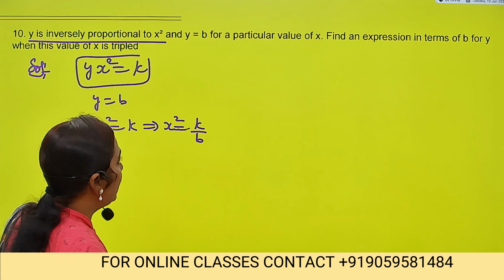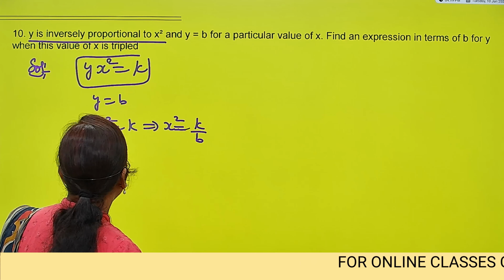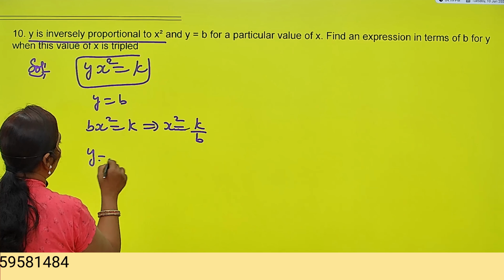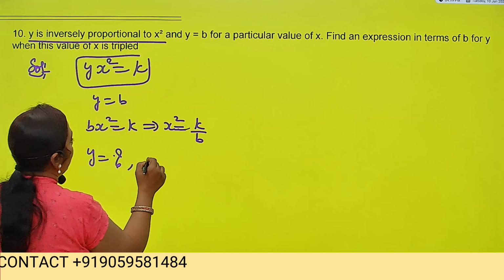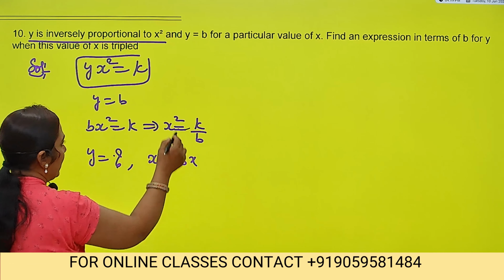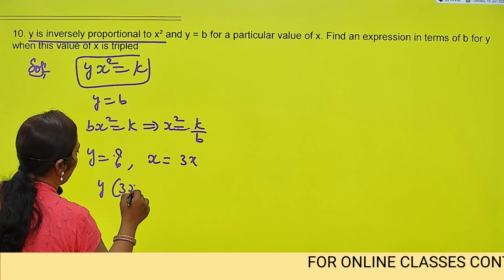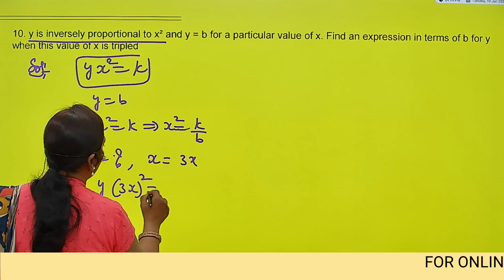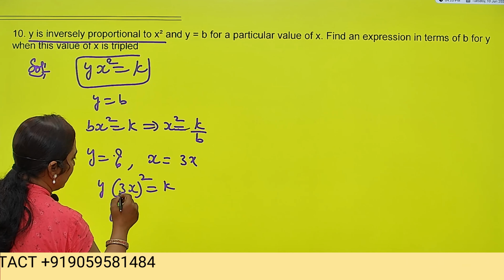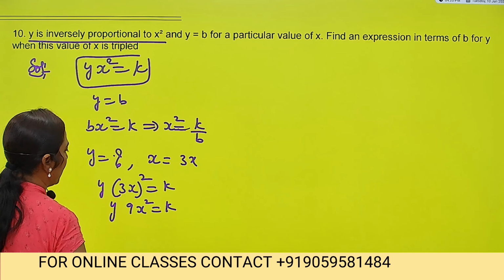Find an expression in terms of b for y when the value of x is tripled. Okay, y equal to, express in b, the x is tripled, that is 3x. Okay, write that. What is that? y times triple of x, 3x whole square, equal to k. 3 squared means 9, so 9 x square y equal to k.